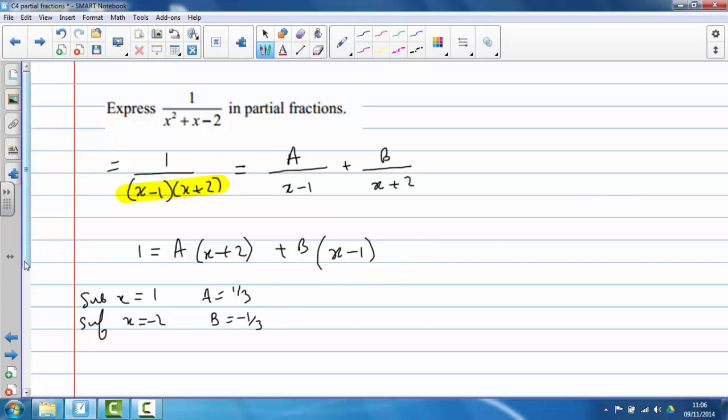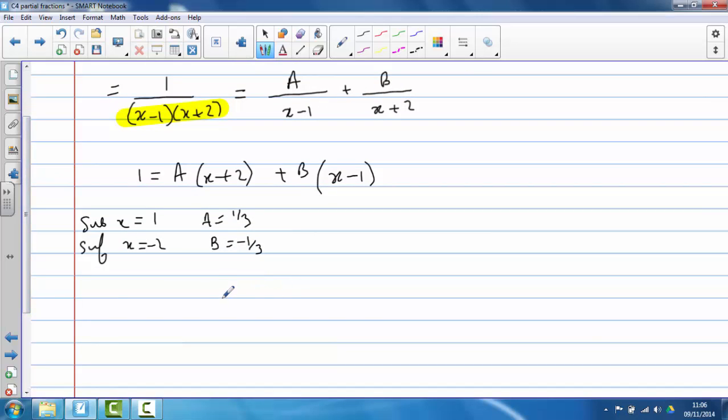So therefore our original fraction can now be written as 1 over x minus 1 times x plus 2 equals 1 over 3, because it's a third, times 1 over x minus 1, take away 1 over 3 times x plus 2.